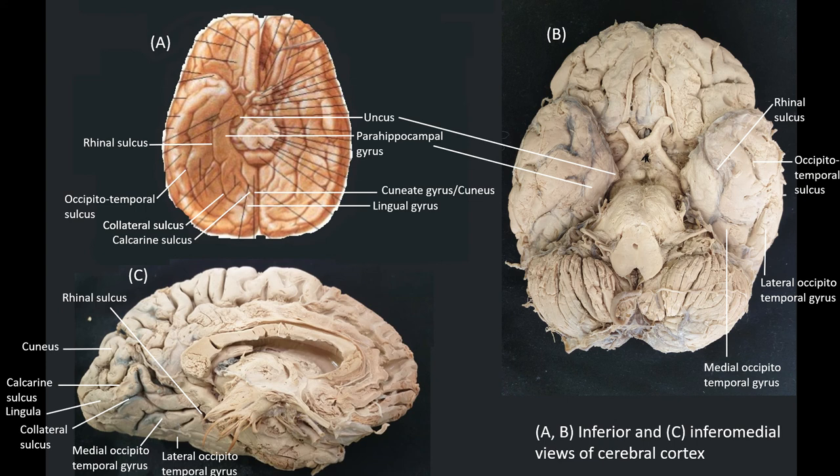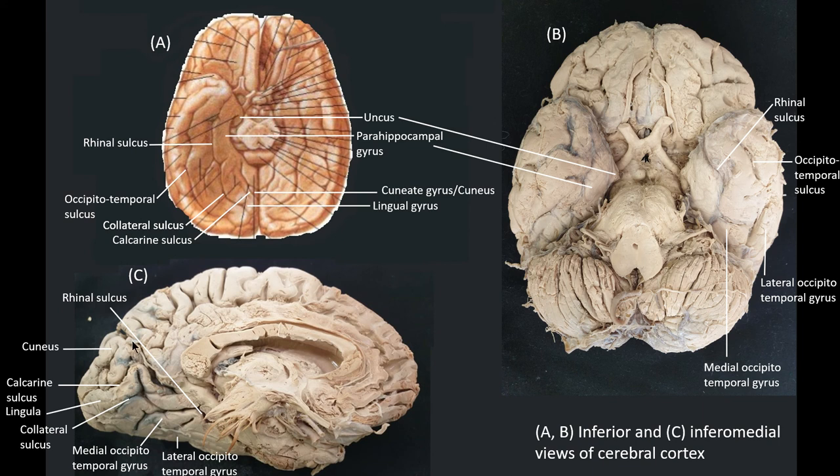With this background and orientation, we can start talking about some of the important sulci and gyri over here. Let's start with the sulcus which is called the calcarine sulcus, which we did talk about a little bit in one of our previous video podcasts when we were talking about the cuneus and the lingual gyrus on the medial surface of the occipital lobe.